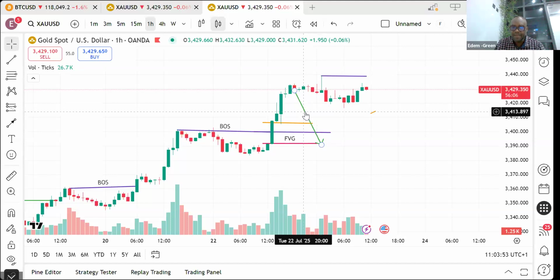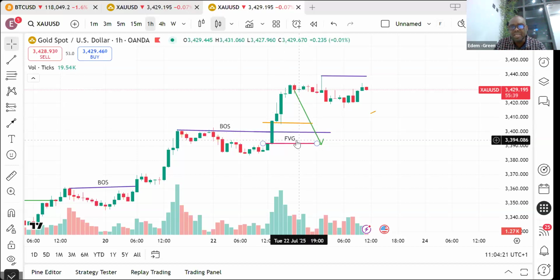Okay, so what I'm saying is that once you identify your break of structure, any fair value gap that happens around the break of structure will be a valid fair value gap, especially when you get your trend right. For instance, where we just selected to do this illustration, the fair value gap happened exactly where there's a break of structure, so that makes it a very valid fair value gap.